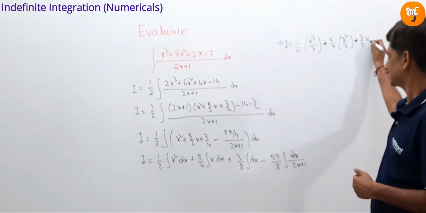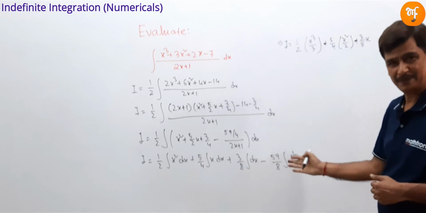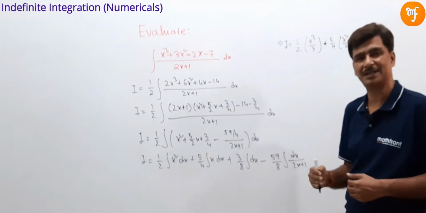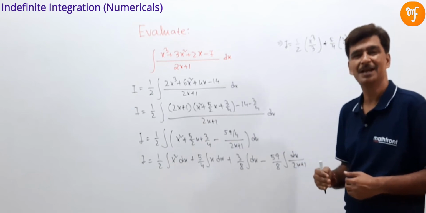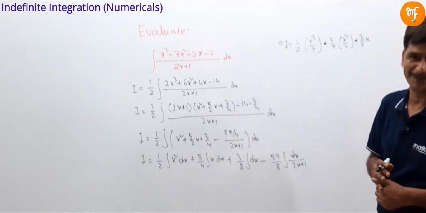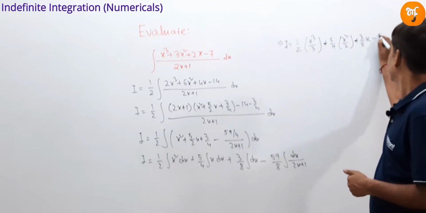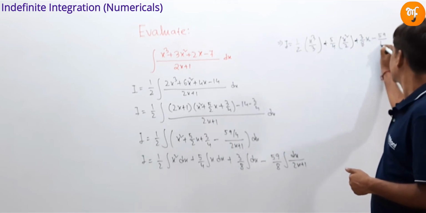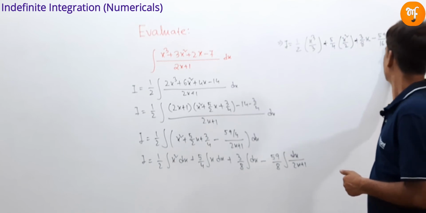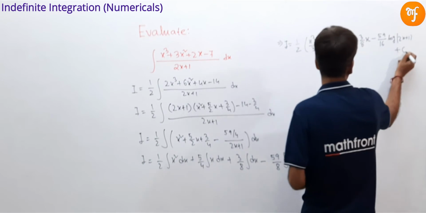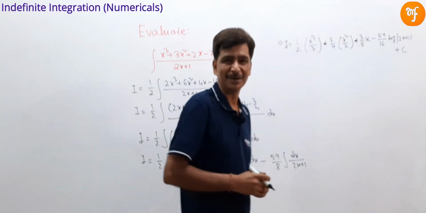So we are writing x, minus 59 by 8 integration of dx divided by 2x plus 1, and we know the integration of dx divided by 2x plus 1 is log of mod of 2x plus 1 by 2. So this can be written as minus 59 by 16 log of mod of 2x plus 1, plus c, where c is the integration constant.